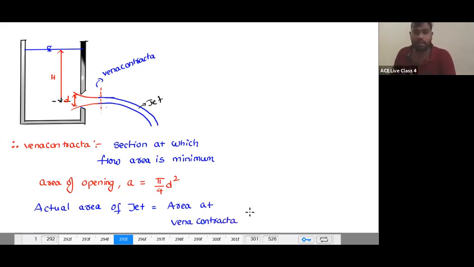So the actual area of the jet emerging out is the area at the vena contracta. The area of the opening is small a, but the actual area is not small a. Yes or no? Because due to the vena contracta, the flow area decreases. So where the flow area is minimum, from there the jet emerges out with that area.